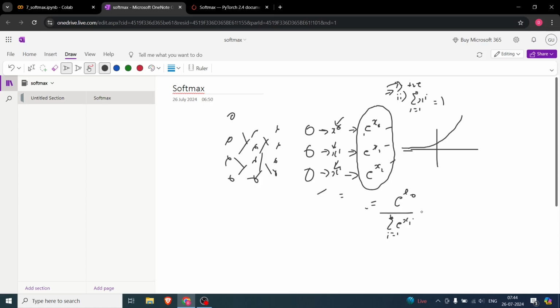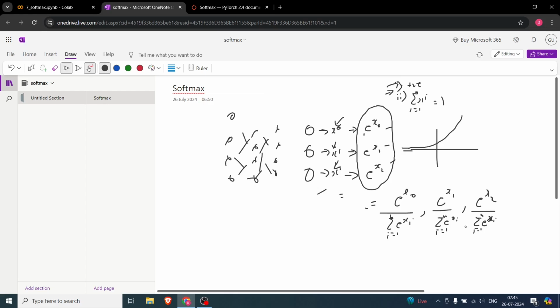Okay, so that is for all the e to the power x of i. And for the second one, we're going to say e to the power x of 1 divided by the summation again of e to the power x of i for i equal to 1 to n, and same for this also, e to the power x of 2 divided by summation of e to the power x of i for i equal to 1 to n.